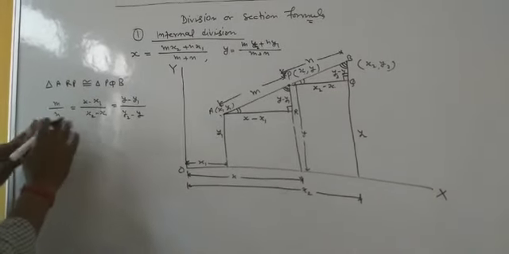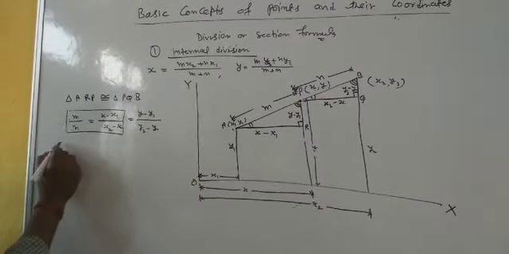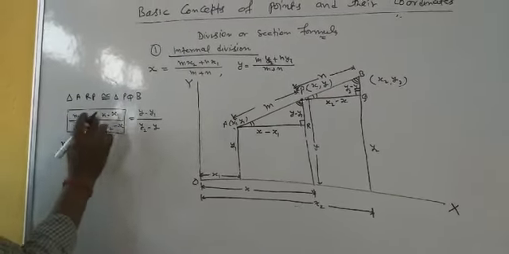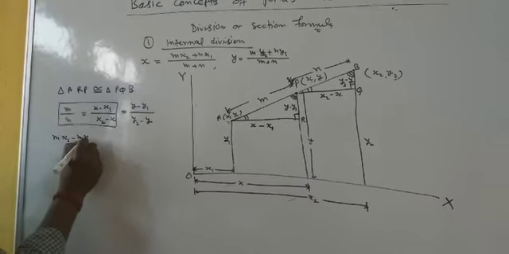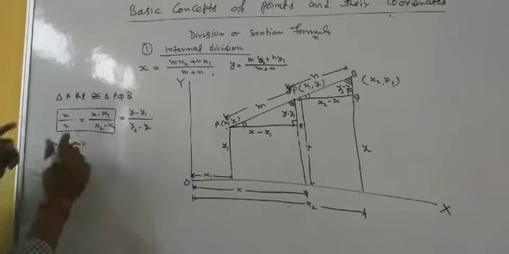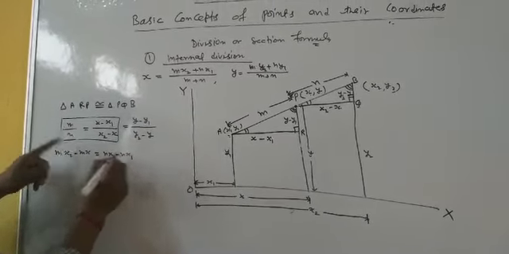Now solving one by one, taking this as first. By cross multiplication, mx2 minus mx is equal to nx minus nx1.